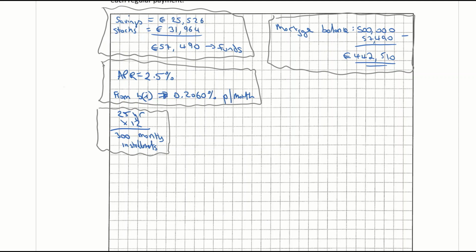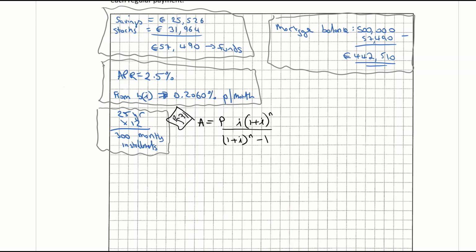Next thing I'm going to do though is go to my log tables on page 31 and take down the amortization formula, which is giving as A is equal to P times I times 1 plus I to the power of N, the power, which is going to be the number of installments, over 1 plus I to the power of N minus 1. So that's the formula from page 31 in my log tables.